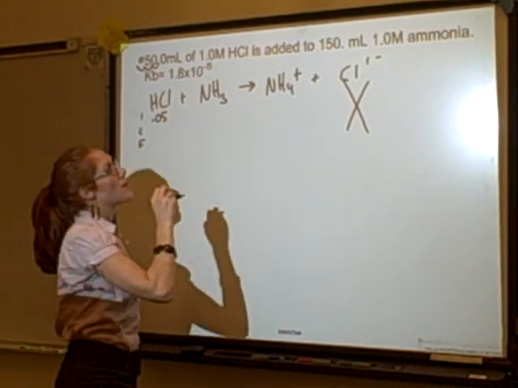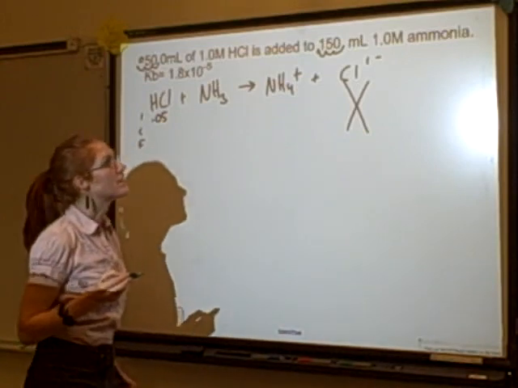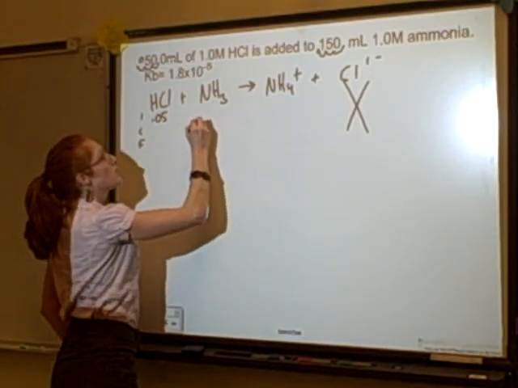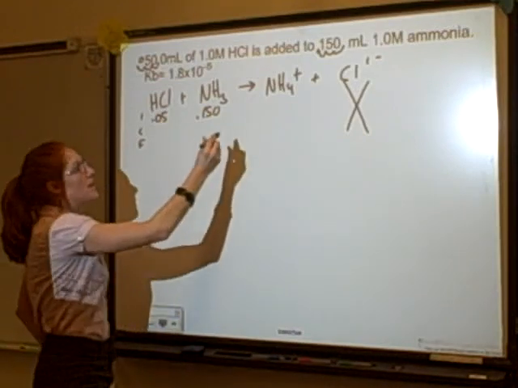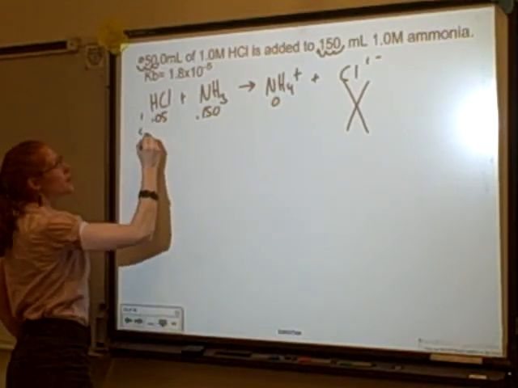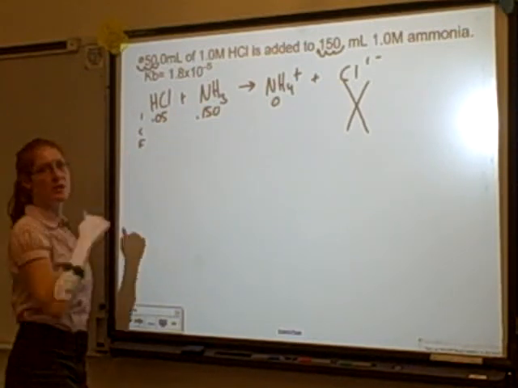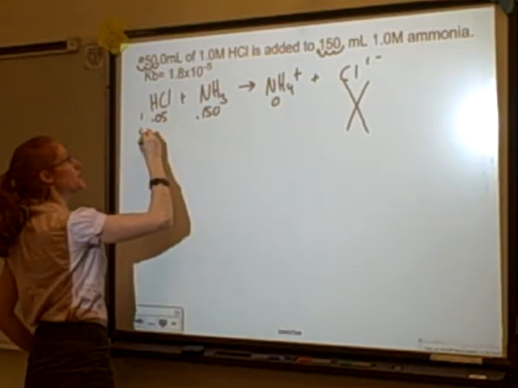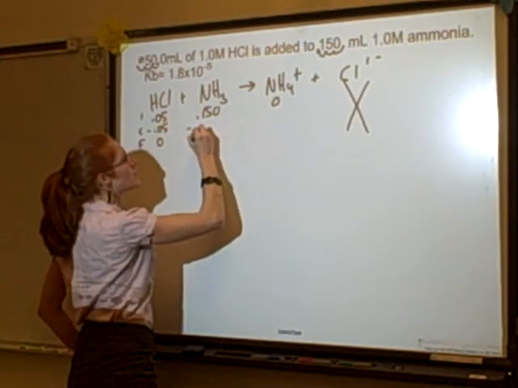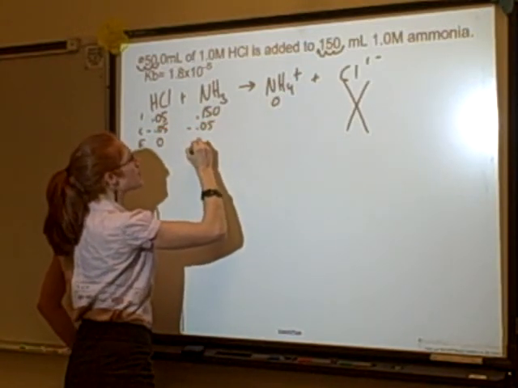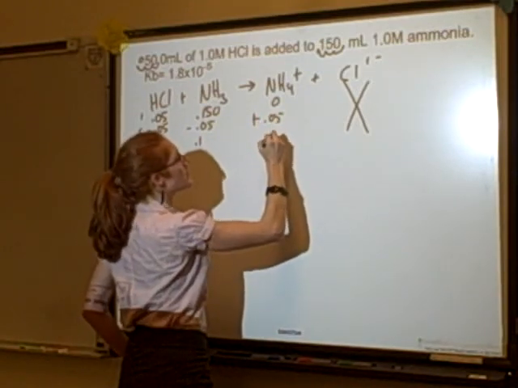The ammonia, we have 0.15 liters, and it's 1 molar. So 0.150. And so then I know that I have less hydrochloric acid. There's this 1-to-1 ratio, so I'm going to use up all the hydrochloric acid. 0.15 minus 0.05 gives me 0.1, plus 0.05 on this side, 0.05.